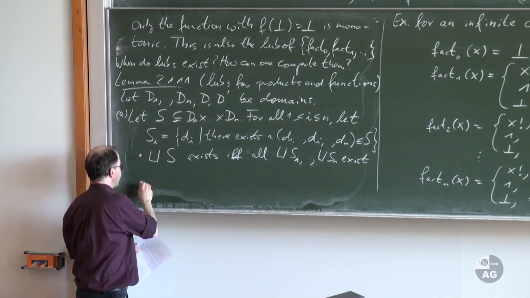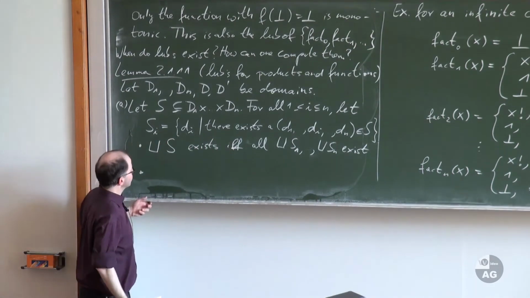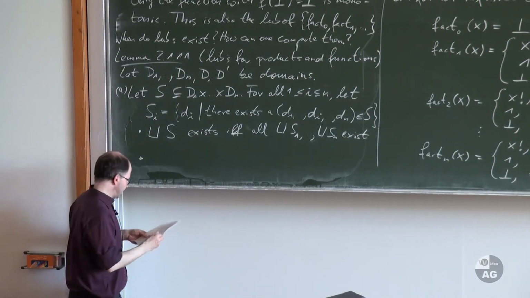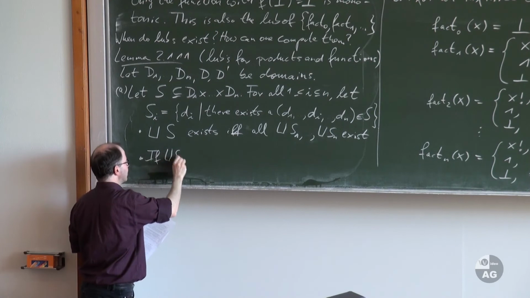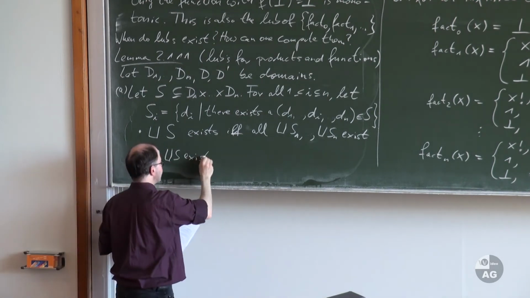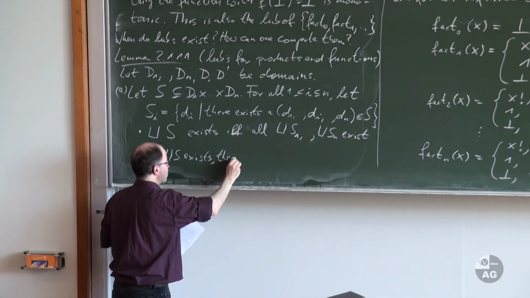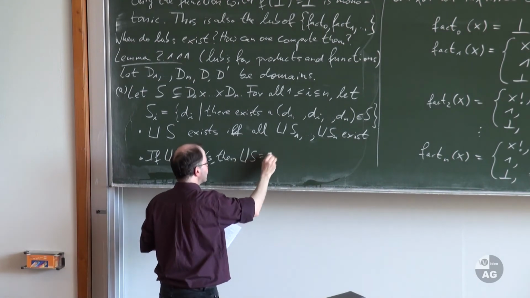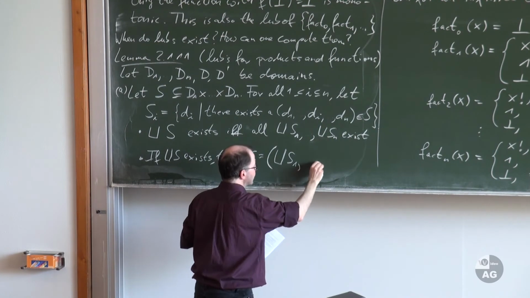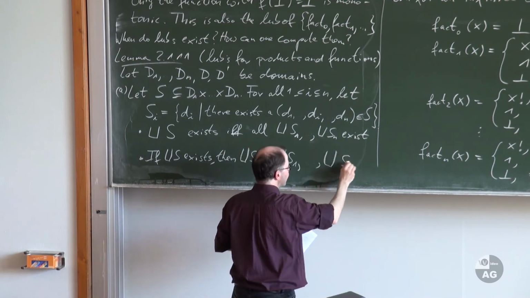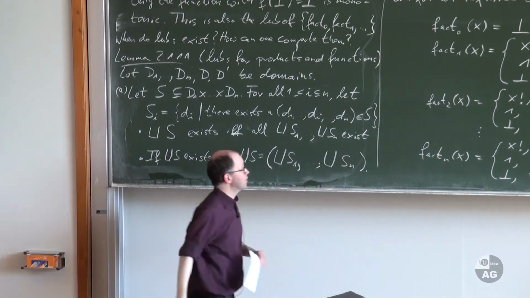And moreover, it also tells us how to get this least upper bound of S. If this least upper bound of S exists, then it looks like this. It's the tuple where the first component is the least upper bound of S1, the second is the least upper bound of S2, and the last is the least upper bound of Sn.